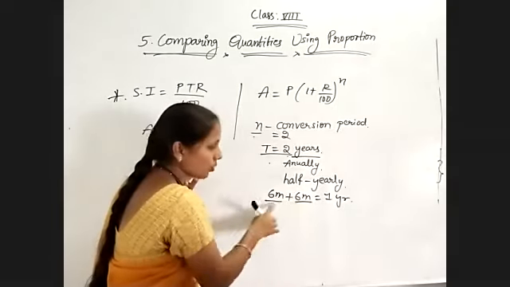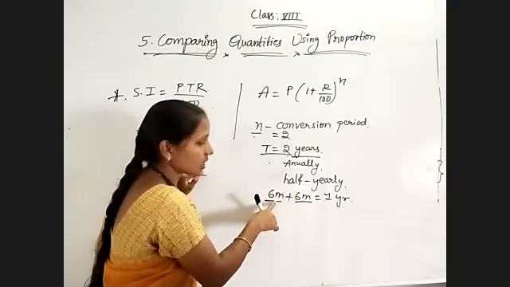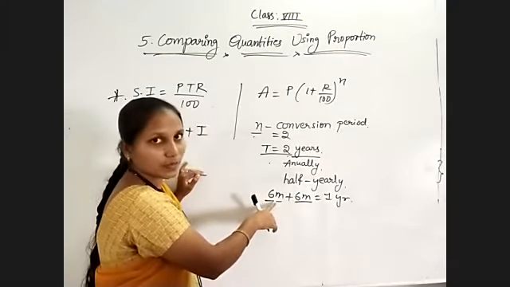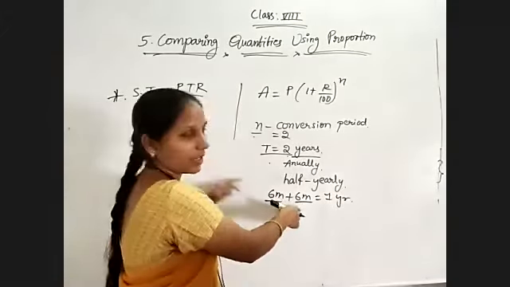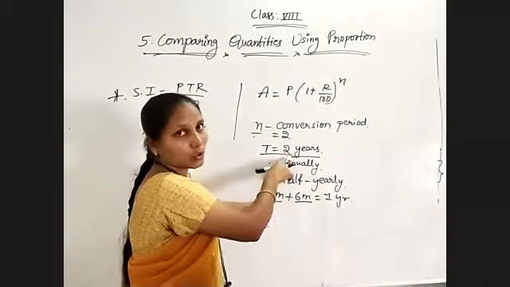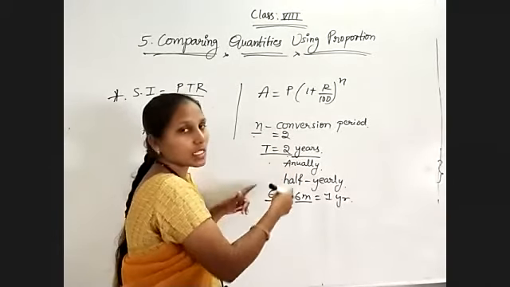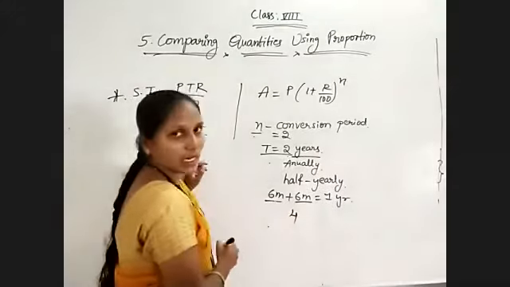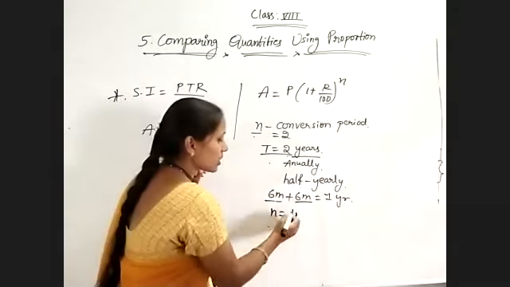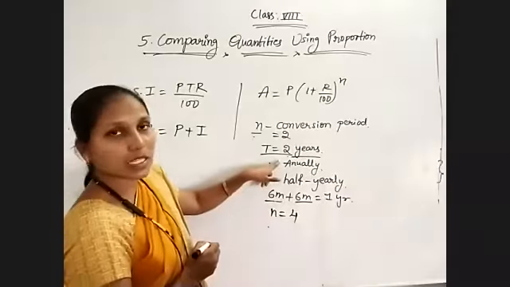Half year is nothing but 6 months. So in 1 year we have 2 half years. Like that, for 2 years, we will get 4 half years. So the conversion period will change to 4 for this one.